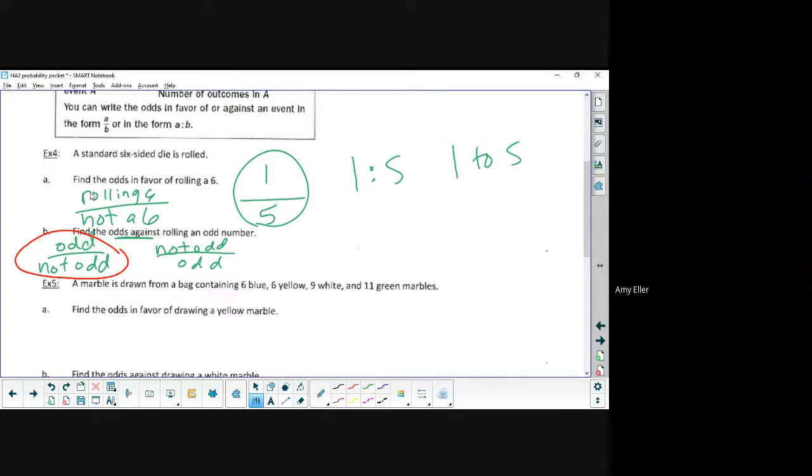If I want odds against, I flip the fraction. So out of the 6, how many are not odd? 3. How many are odd? 3. So 1 over 1 or 1. Pretty easy so far. Just a big difference between the word probability, wanted over total, and odds, wanted over unwanted.